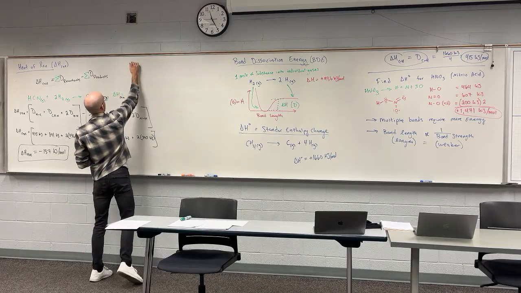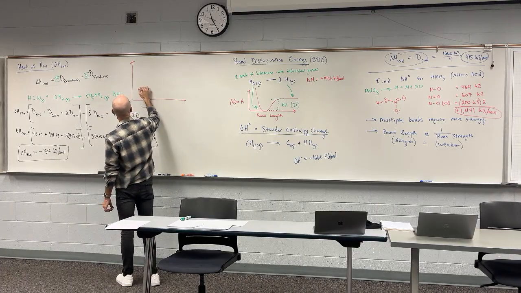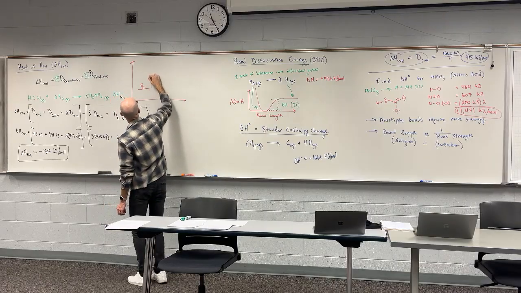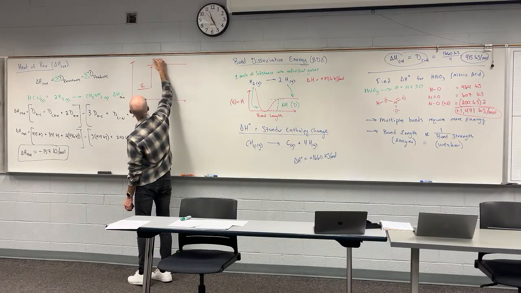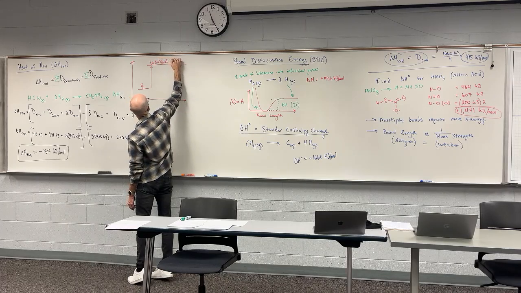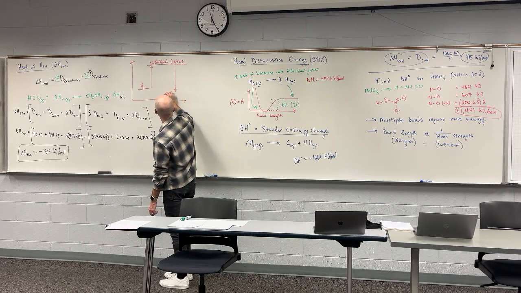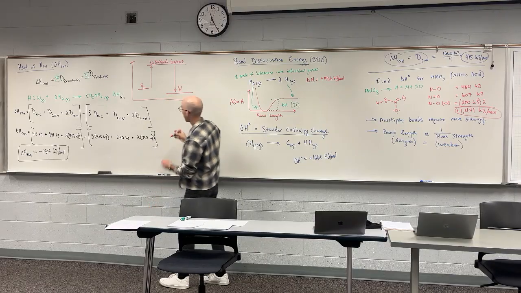Comparing this to a reaction coordinate diagram, what we are saying is that the reactants are being broken apart into their individual gases. And then from their individual gases, we're creating the products.